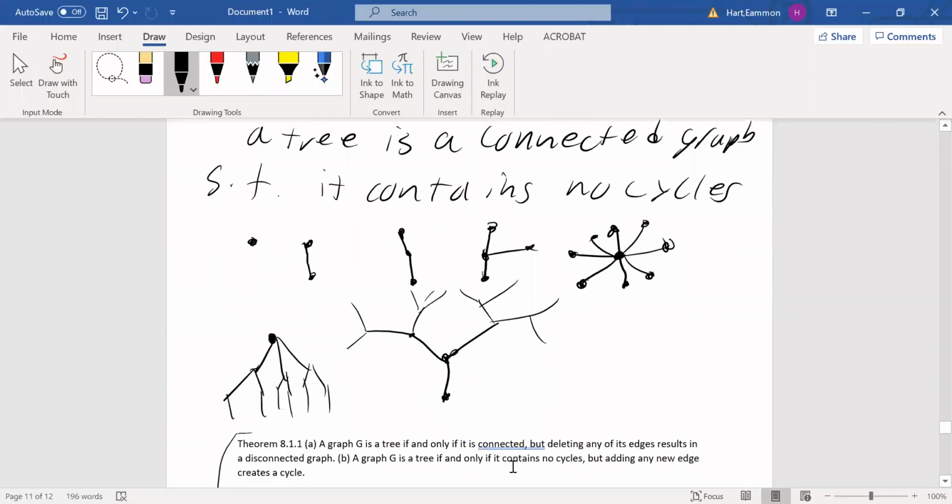And so we know that it's connected, and we just want to show that that is equivalent to saying that it has no cycles.